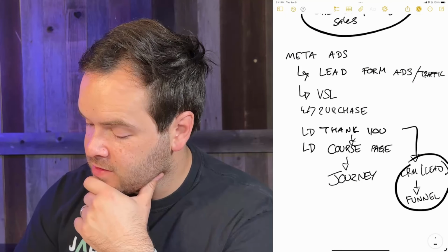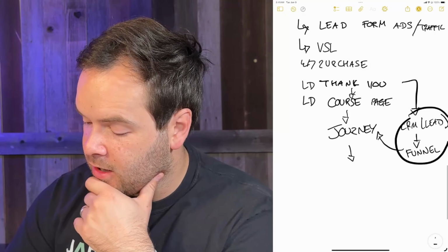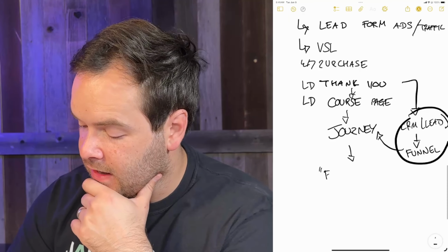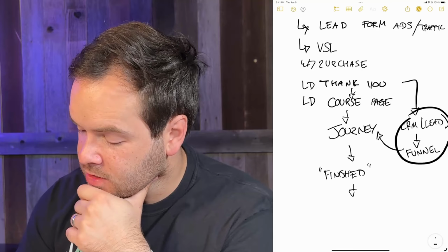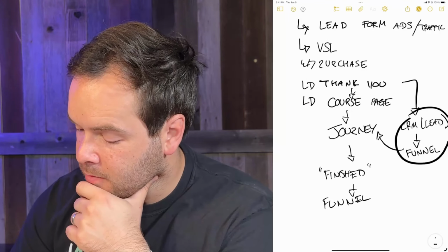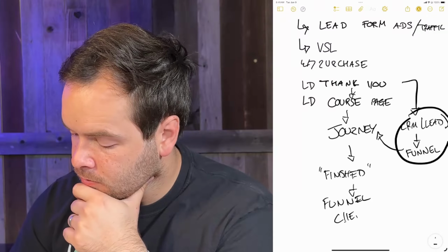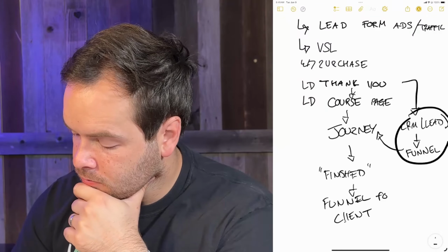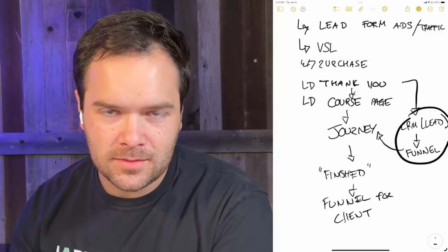Meanwhile, this funnel is making sure that they do complete this journey, and then eventually they come down here to being finished. And then you can have another funnel for nurturing them to become a client. And that's basically the overall system that we want to build out here.